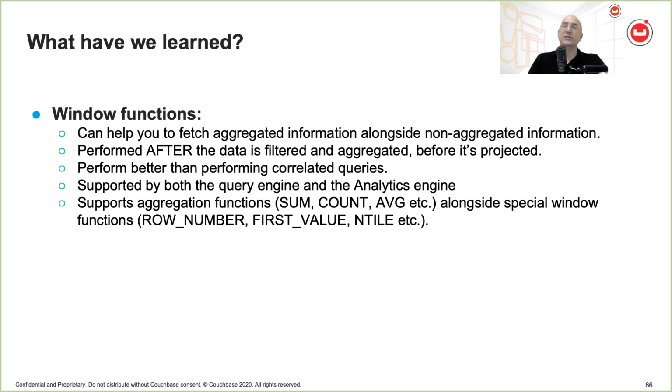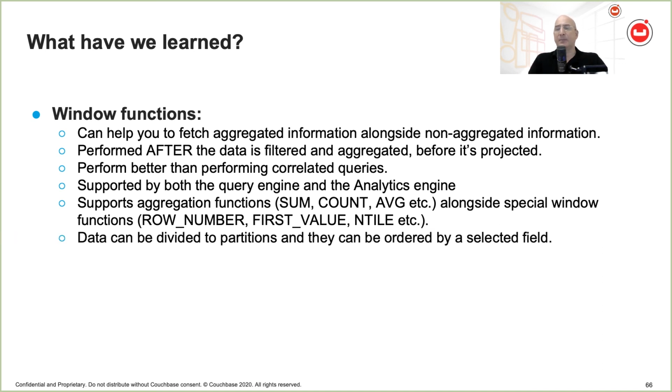With window functions, you can use all the aggregation functions you are familiar with, like sum, count, average, etc., alongside special window functions, such as row number, first value, NTILE, etc. Window functions can divide your data into partitions, and they can be ordered by a selected field.